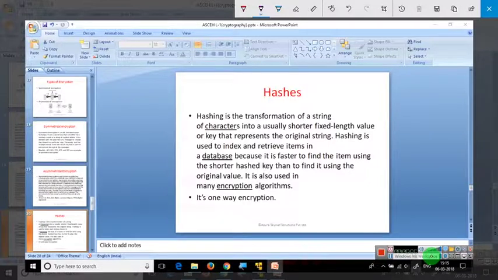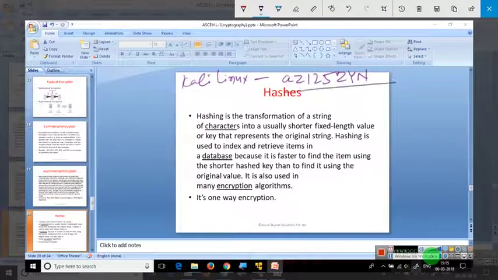It's a one-way encryption. If you're downloading anything from the internet, say I'm downloading a tool called Kali Linux, Kali has its own hash. It's just an example. With the help of this hash, you are unable to recover the file.